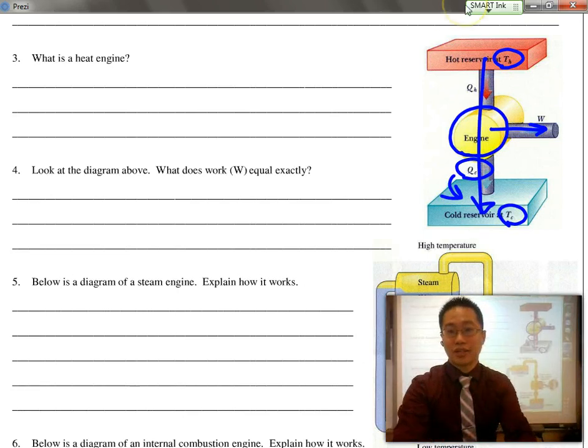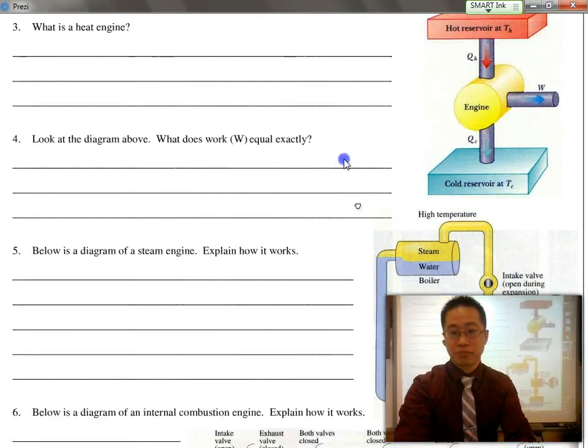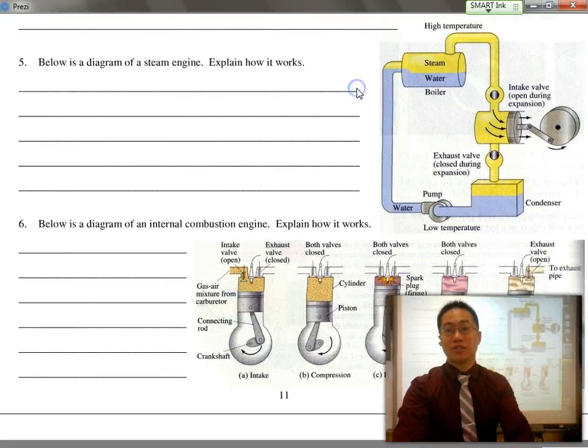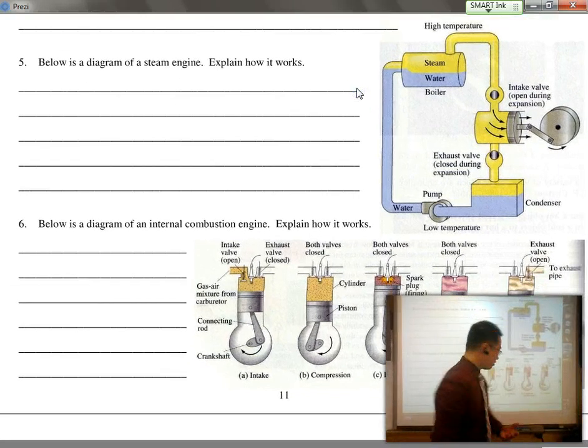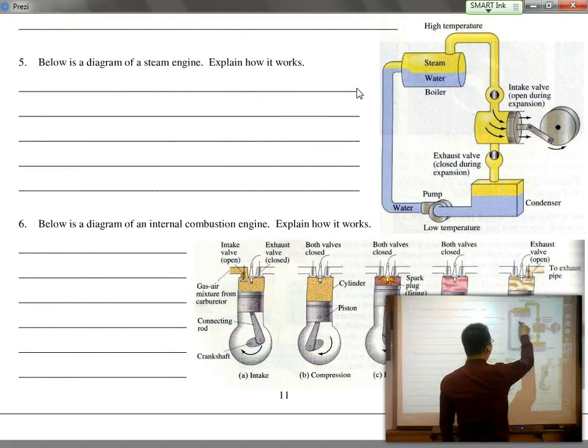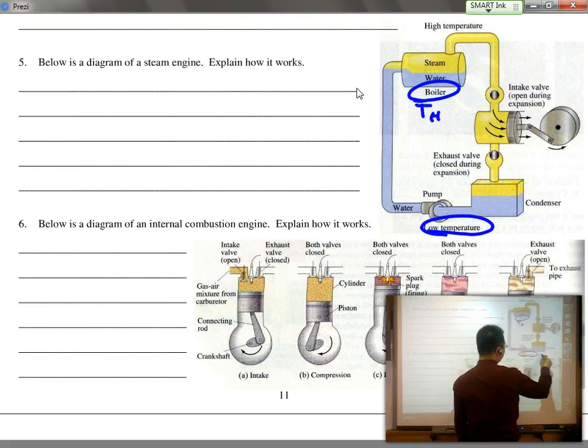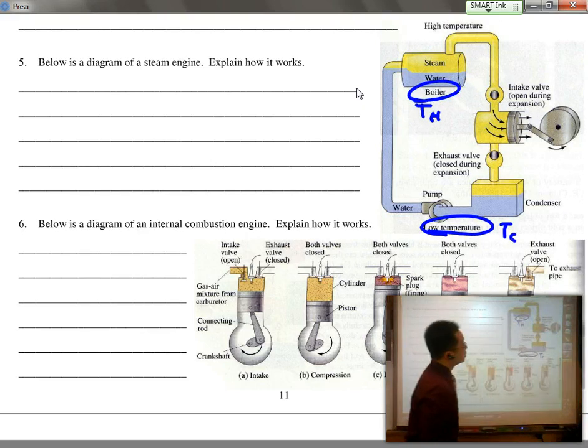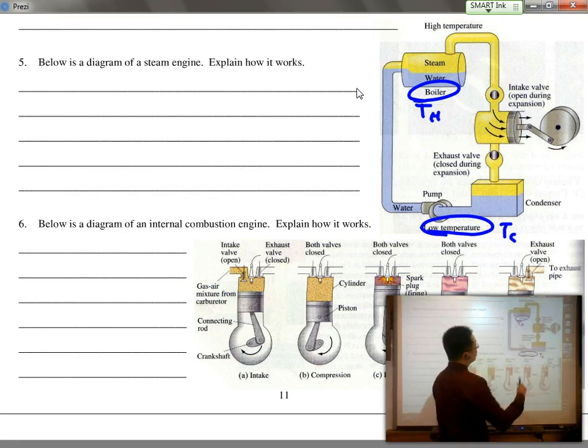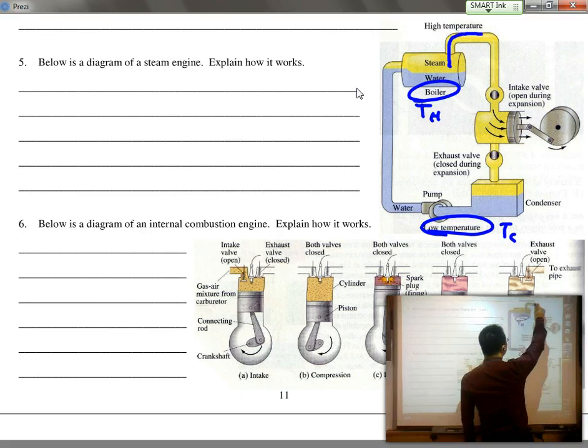So if we were to look at our steam engine, our basic idea of how a steam engine works, you have our hot on top, we have our cold on the bottom. The energy is used to boil the water, which then turns into steam. The steam flows through the system.